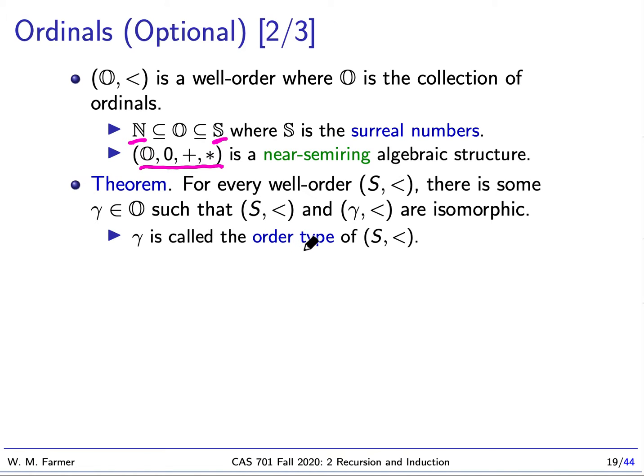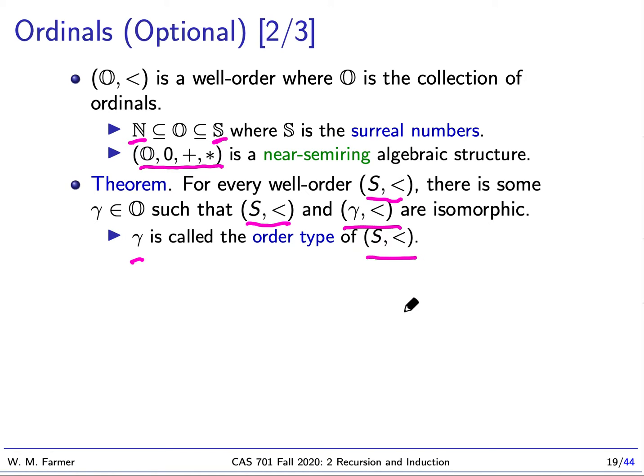Now, what makes ordinals important is that for every well order S with less than, there is some gamma, which is an ordinal, such that S with less than and gamma with less than are isomorphic. So they essentially have exactly the same structure. And we call gamma the order type of that well order.